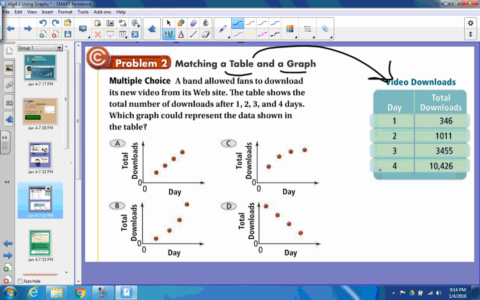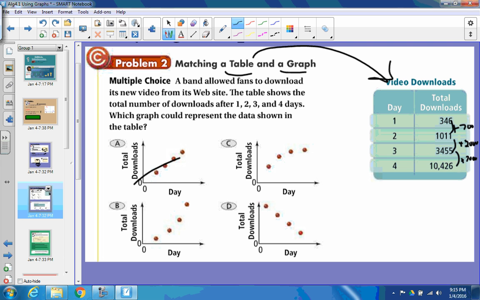And then from day 3 to day 4, it goes up by about 7,000. So it's definitely not consistent. The days are consistent, but this part is not. This is up 700, this is up 2,000-ish, and this is up 7,000-ish. So it's not going to just be consistent.